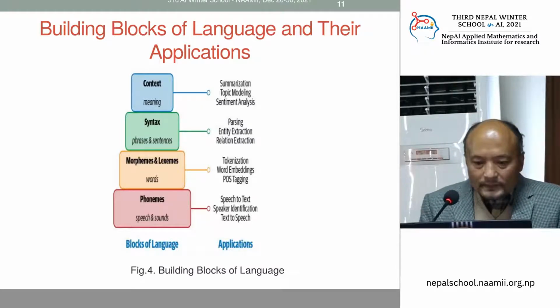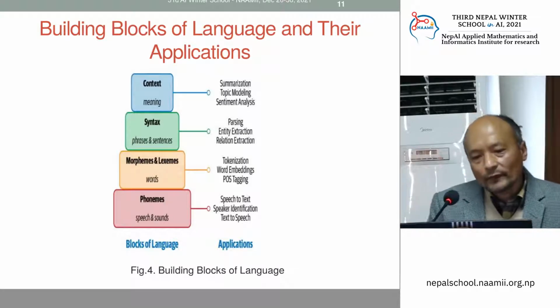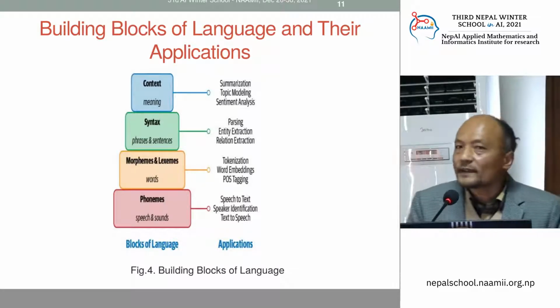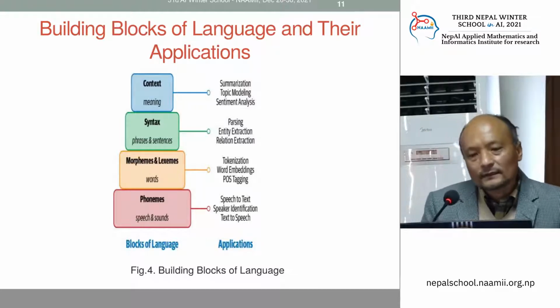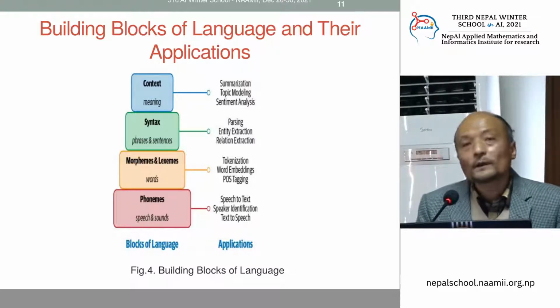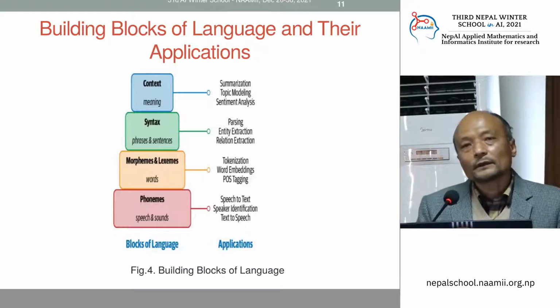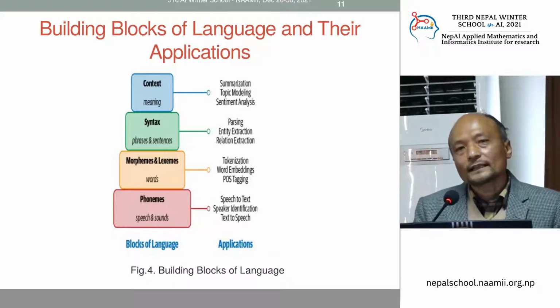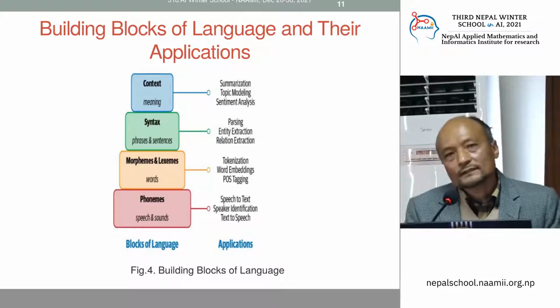From that perspective, some of the applications are text summarization, where the contextual meaning is very important to understand. Topic modeling, which I already talked about earlier: to suggest a few relevant topics for a collection of documents or text, you need to understand the contextual meaning.